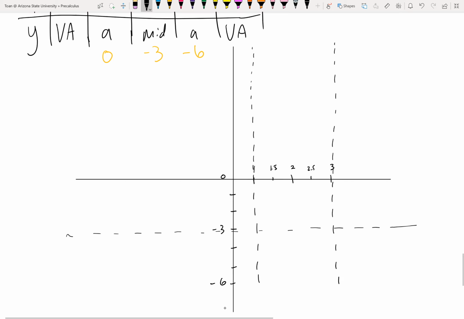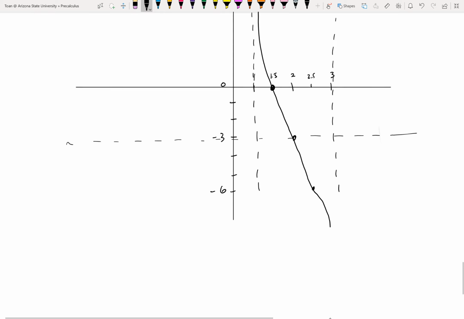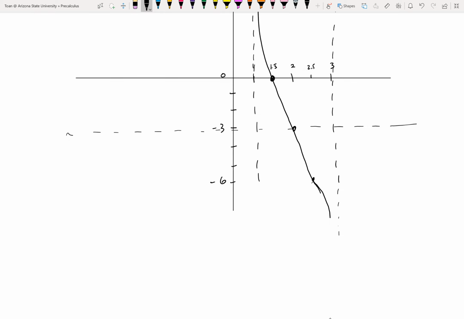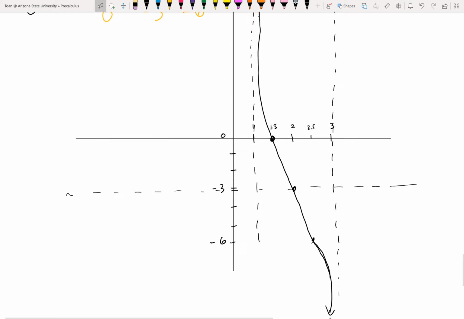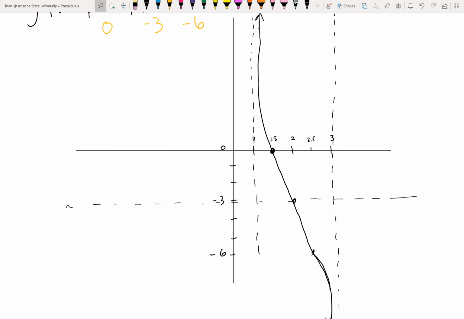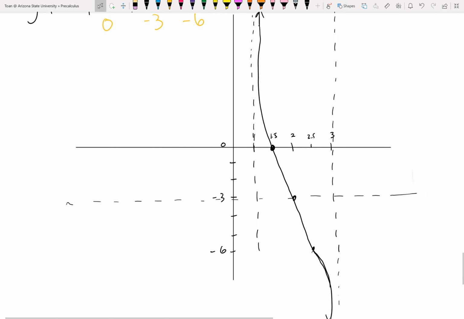My mid is at 2. Up and to the left, down and to the right. Very narrow graph. But there we go. Again, it's not pretty, but as long as you label everything, as long as I have that table there, you should be good to go.